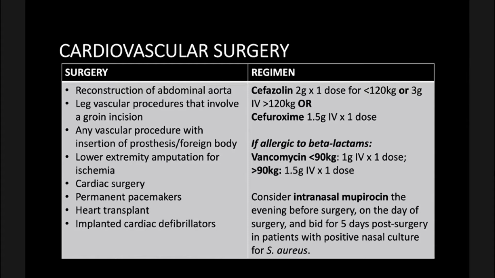Included in cardiovascular surgery, you have surgery for the abdominal aorta, leg vascular procedures that involve groin incisions. So these are vascular procedures. Any vascular procedure with insertion of prosthesis or grafts, lower extremity amputation, cardiac surgery, pacemaker placement, heart transplant, implanted cardiac defibrillators, and so on and so forth.